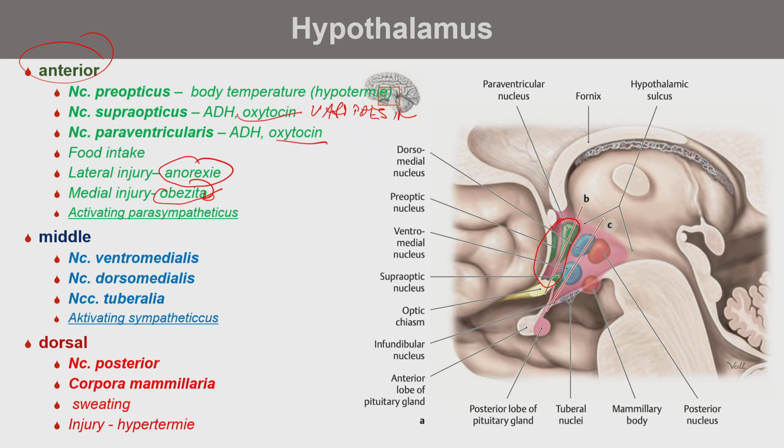Because of the important influence on food intake, they have very strong input into the activation of the parasympathicus. Because parasympathicus has interesting and important functions: the motion of the smooth muscles and secretion of the salivary glands, pancreas, etc.